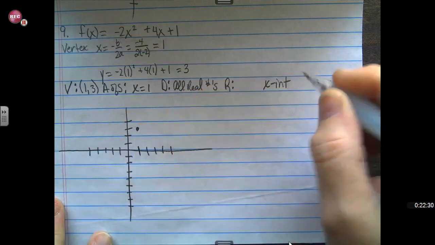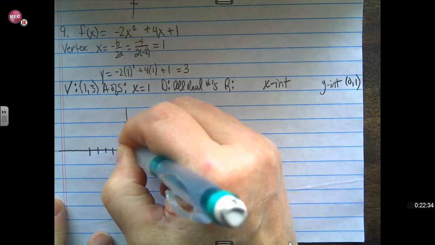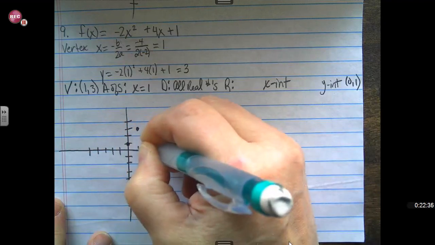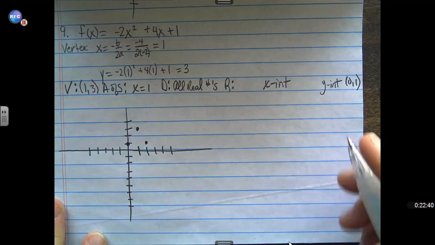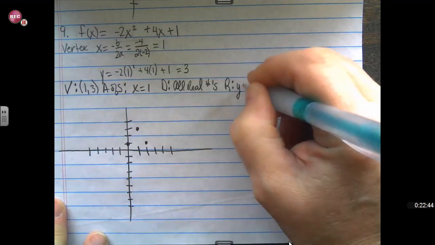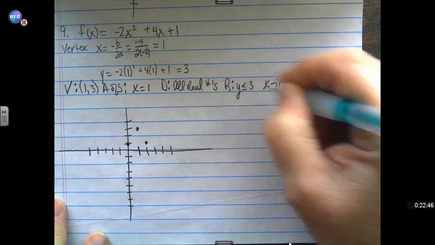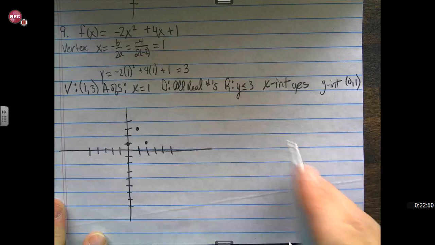And if I plug in 0, I already know what I'm going to get. I'm going to get 1. Then I can use the axis of symmetry to get this other point, and that's the y-intercept. Range is going to look like it's going to be y is less than or equal to 3.